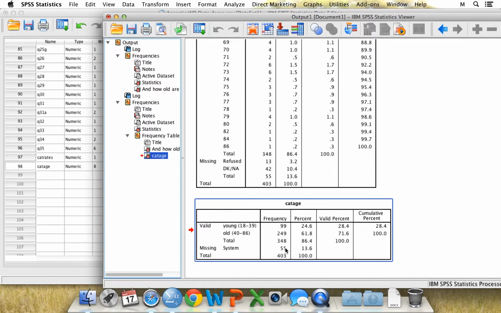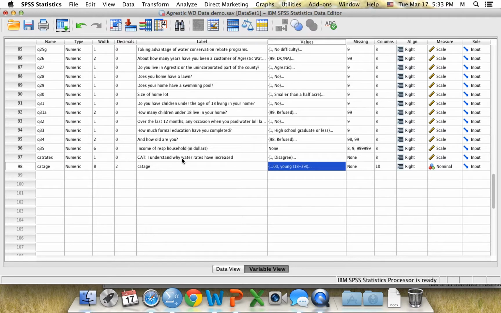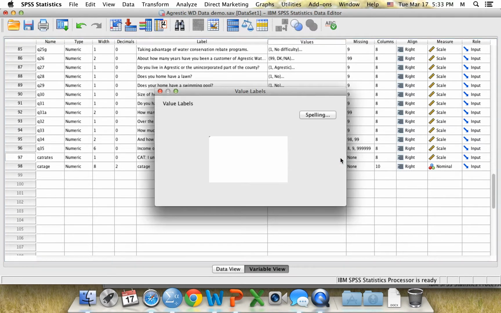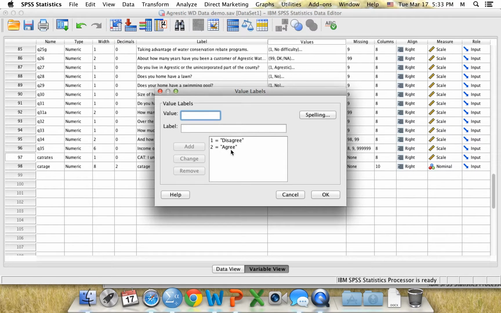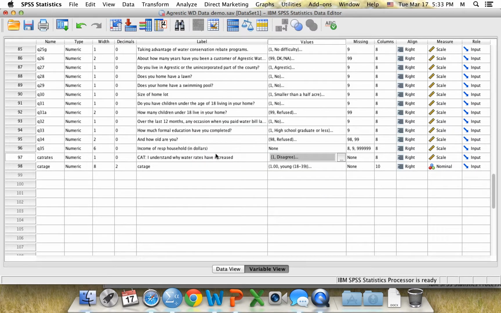Next, I'm curious if age, the categorical variable, is related to whether people understand the reasons for water rates increase, which is cat rates. I look at the variable, I saw there are 2 categories, disagree and agree. So that means categorical, I want to do a crosstab to look at the association.